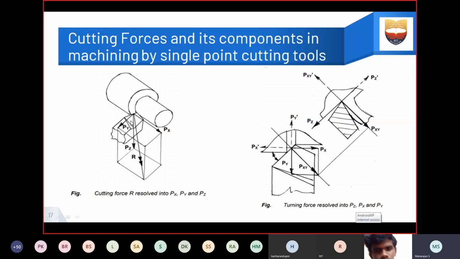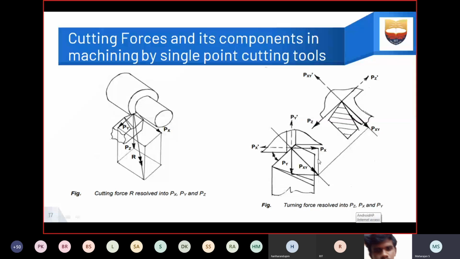So this PZ is the cutting force. This is the major component. We can measure the cutting force using a dynamometer. Nowadays, a dynamometer is used to measure the cutting force. PY is the thrust force, which is exactly perpendicular to the cutting force. PX is the feed force, which acts along the axis of the shaft, parallel to the axis of the shaft.